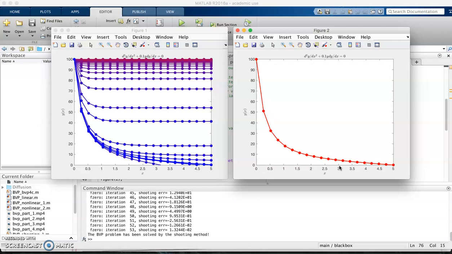So F0 basically tries to change dy dx, or the slope on the left end, such that it gives 0 error between the exact solution, which is 0 on the right end, and what is guessed, which is not 0 during the problem solving.